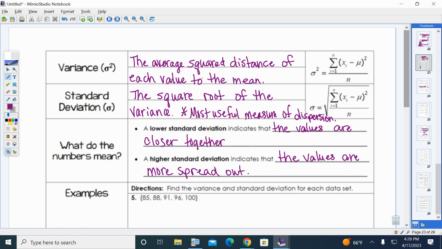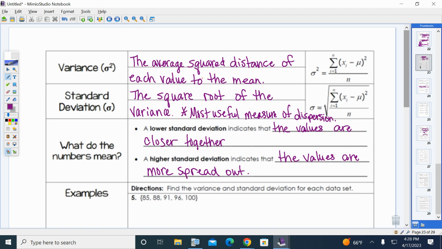The difference between MAD and variance is that when we find that distance or that difference between the mean and the number in the data, we square it and then find that average. Your standard deviation is the square root of the variance. And that is the most useful measure of dispersion.